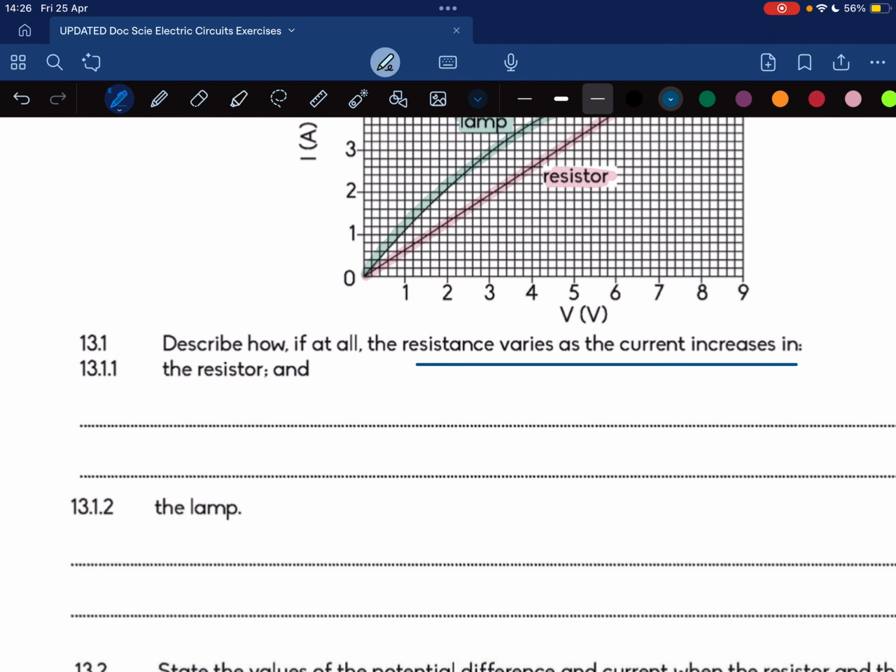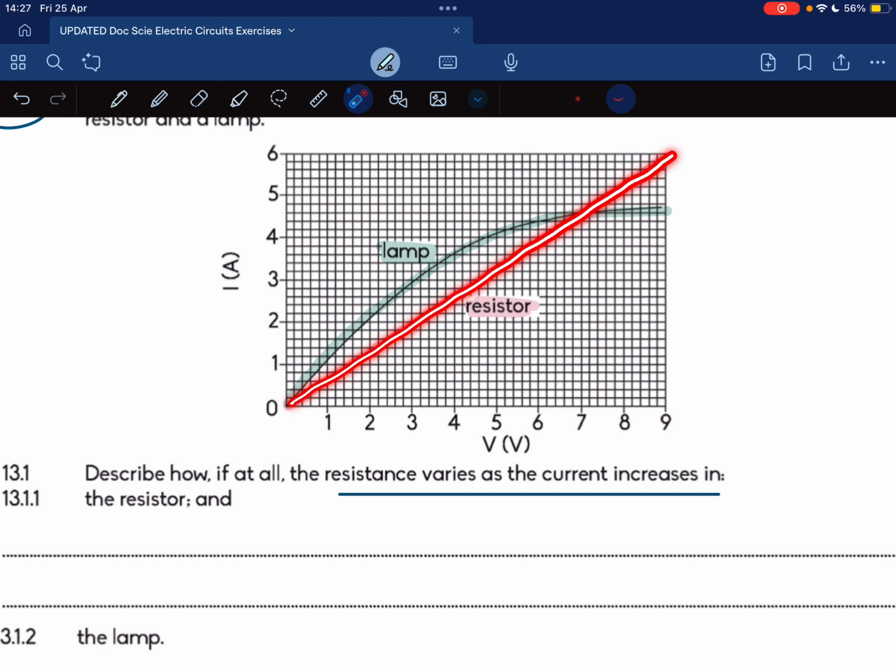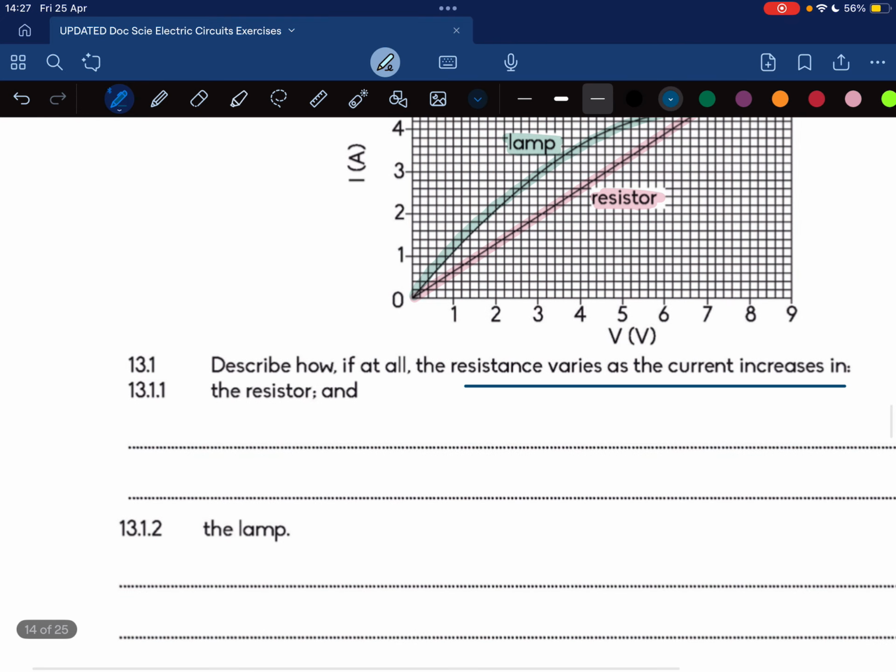As I'm moving along the graph, I can see that in both cases where the voltage is getting larger, the current is increasing. With the resistor, I can see that the resistance, which would represent the gradient of the graph, is going to remain constant.